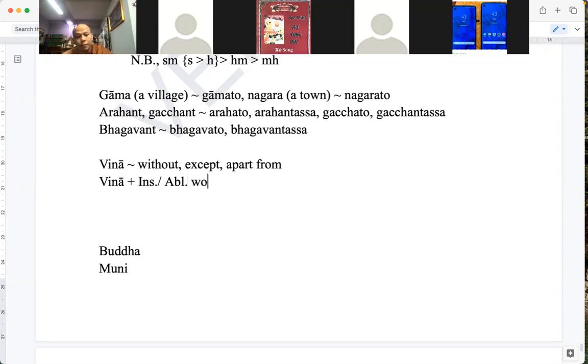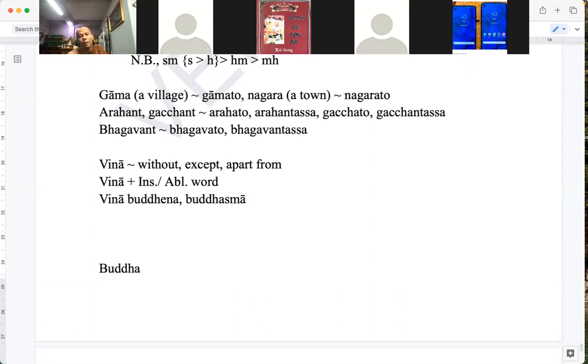Here is an example: Vina Bodhina or Vina Bodhasma, or Bodhi and so on, singular or plural. The same meaning: without a Buddha. Vina Bodhasma, so without a Buddha, or except the Buddha, or apart from the Buddha, whatever it may be. But both case endings can go together with that Vina.